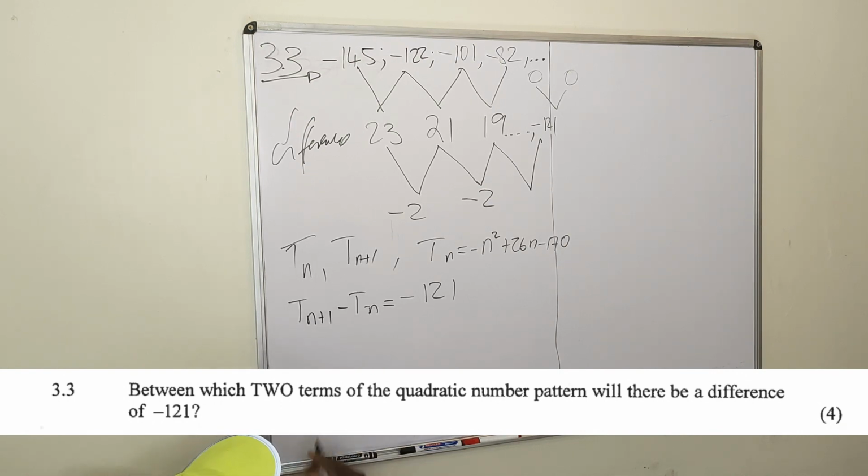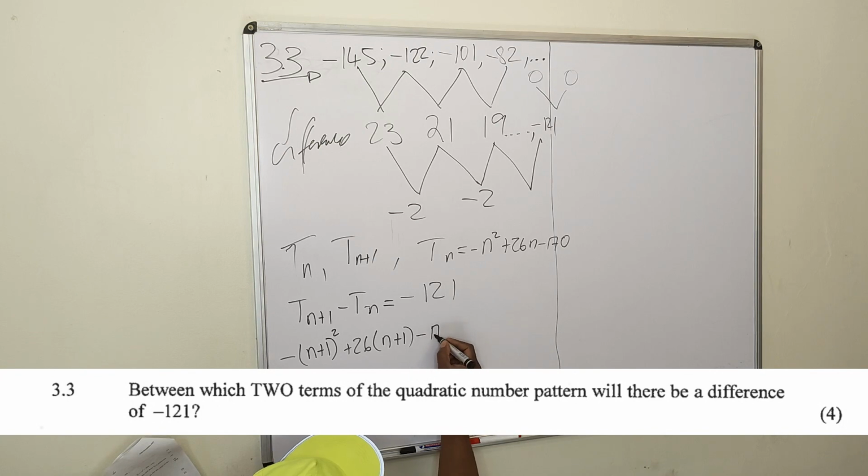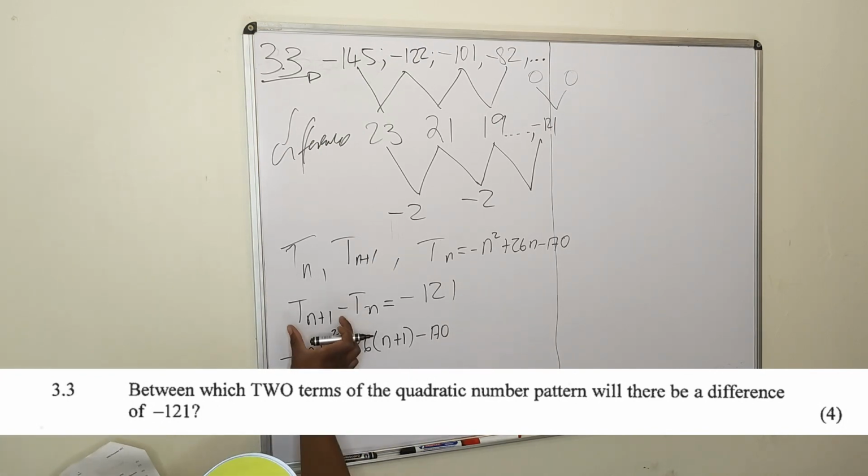So what we need to do now is to find the value of n, right? And then we'll be able to find the one in front of it. Then we'll be able to find the values of those two terms. So t(n+1) will be negative (n+1) squared plus 26(n+1) minus 170, right? This is this part here.